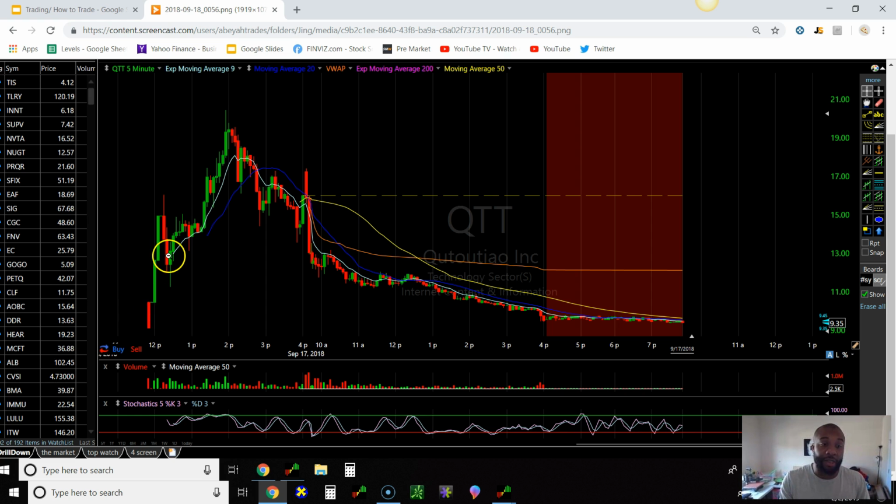Say for example, this stock opened here, ran up, flagged out, ran up some more, and then say this daily chart for QTT was an all-day fader. Basically, shorts are waiting to jump on this thing. So the shorts jumped on it and it started to take it down intraday, right?